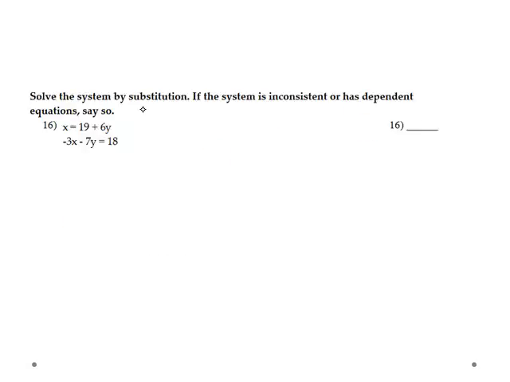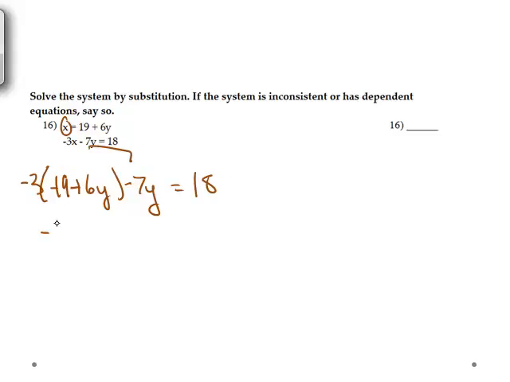Solve the system by substitution. So instead of writing x in the second equation, we're going to write 19 plus 6y minus 7y equals 18. 3 times 19 is negative 51 minus 18y minus 7 more y equals 18. 19 times 3 is 57.